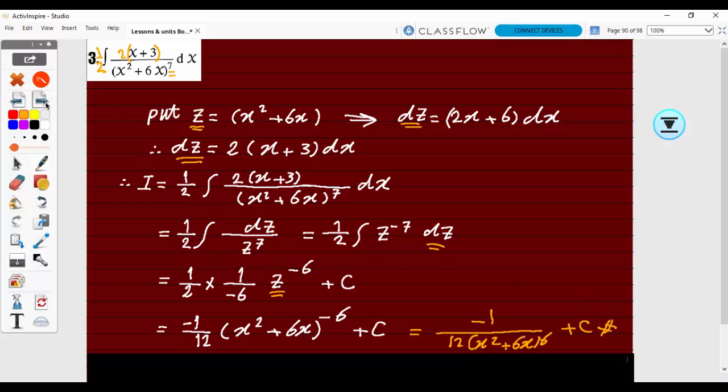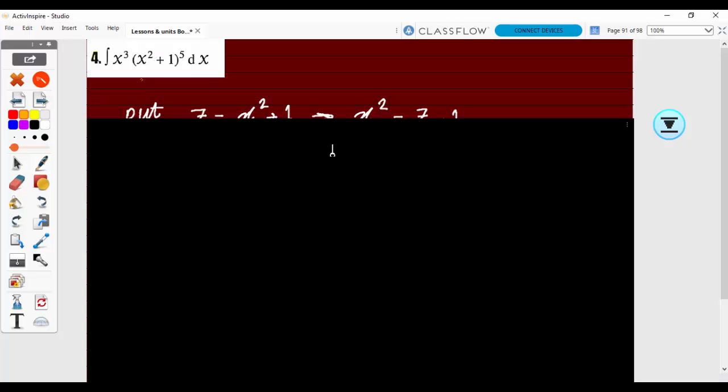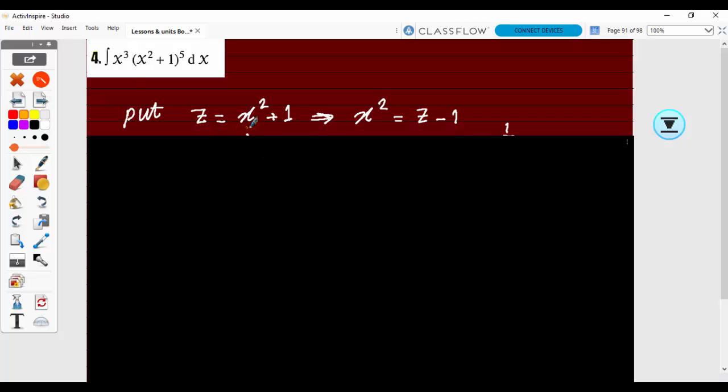Next question: the integral of x^3 multiplied by (x^2 + 1)^5 dx. The degree inside the bracket is 2, which is less than the degree outside. Here we have x^3 and here we have x^2. So put z equals x^2 + 1.